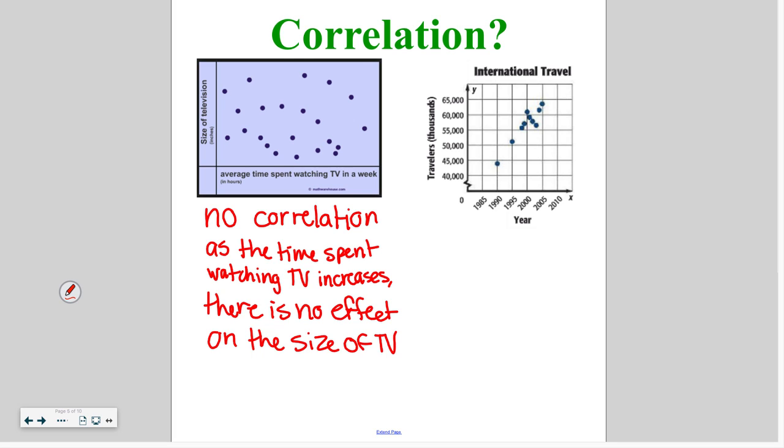So you want to say what's happening to X. Remember, in every case, X is increasing. And then say what happens to the Y as a result. There's no effect on the size of television.